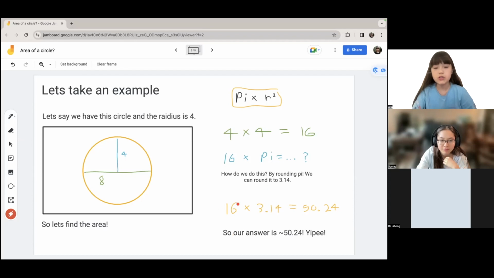So that's what I'm going to do here. 16 times 3.14 is 50.24, right? So our answer is roughly 50.24. So yippee! Now we know the rough area of this circle.